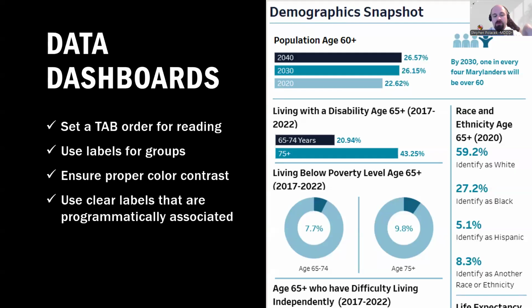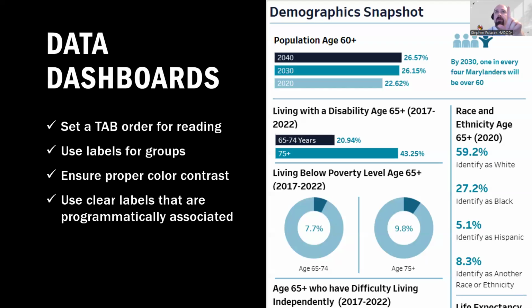Programmatically, if I was walking through with my keyboard or with a screen reader on the actual dashboard, I would probably go to that first section, population age 60 plus, and then I have to enter it in order to start using it. So essentially, if I was just moving element by element, it'll probably go from population age to living with a disability age.